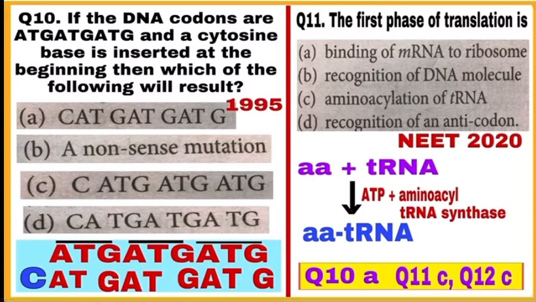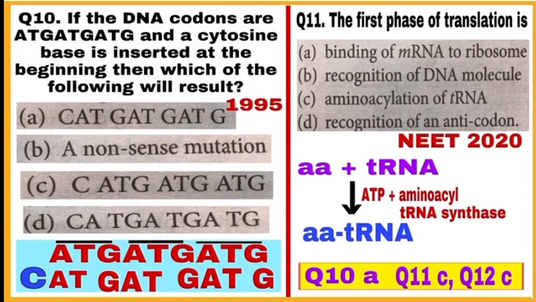See the lower picture showing the change after addition of cytosine in the beginning. It will now be CAT, GAT, GAT, G. There is a change in the reading frame and this change is mentioned in option A. So mark A as the correct answer.